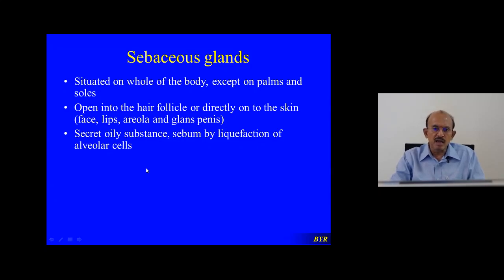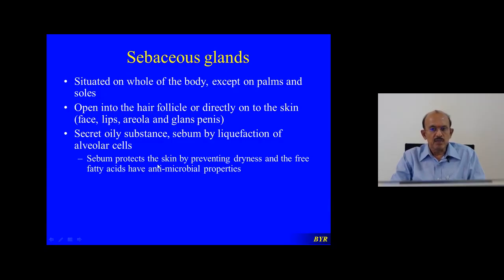That means the oil is not being produced as such. It is only due to liquefaction of the alveolar cells of the sebaceous glands. Once one layer of alveolar cells gets liquefied, the underlying cells regenerate and form new alveolar cells.